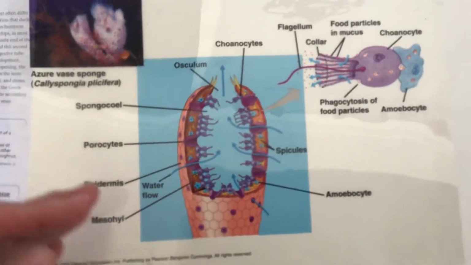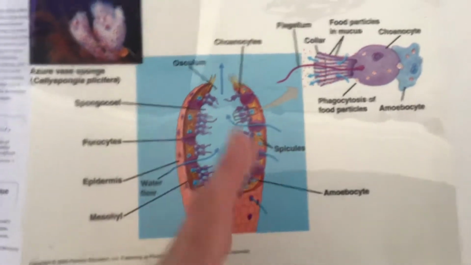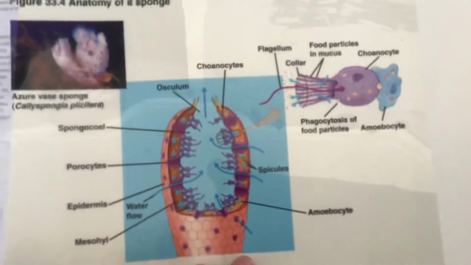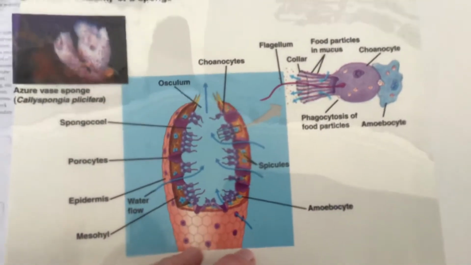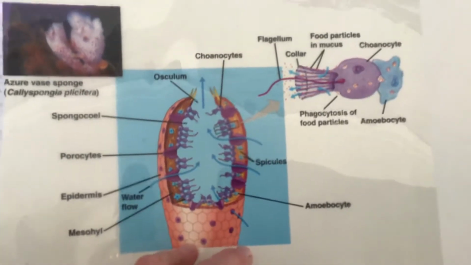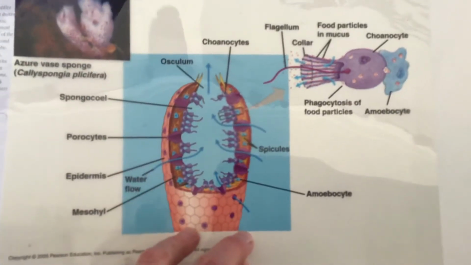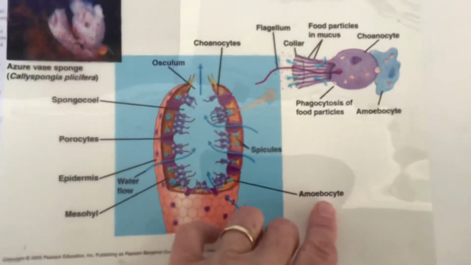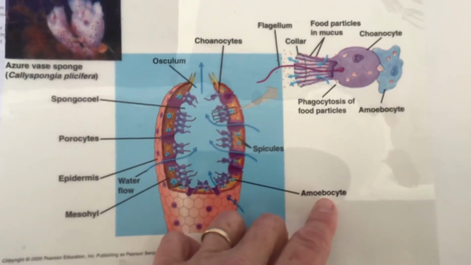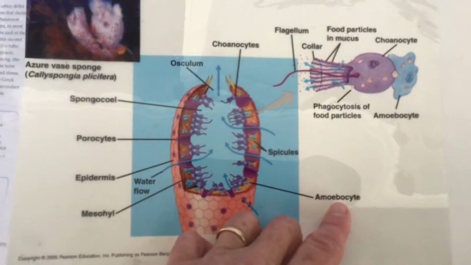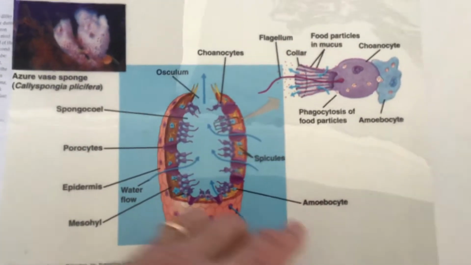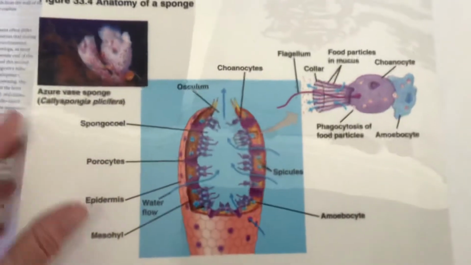And you're going to have water that is flowing into the sponge and out of the osculum. So the osculum is kind of like a mouth, except the water is flowing out instead of coming in. So it's not like what we normally think of as a mouth. This is also showing you the amoebocytes. Again, they travel around the organism. And let's see, I think we talked about everything that is on this diagram.